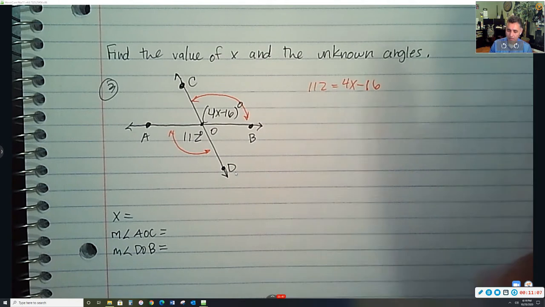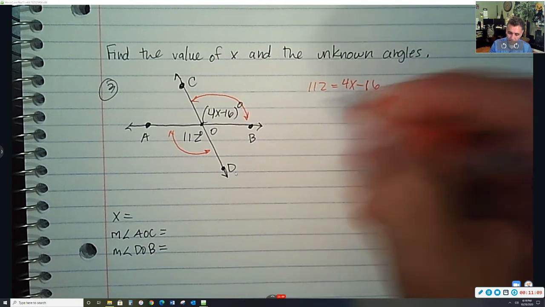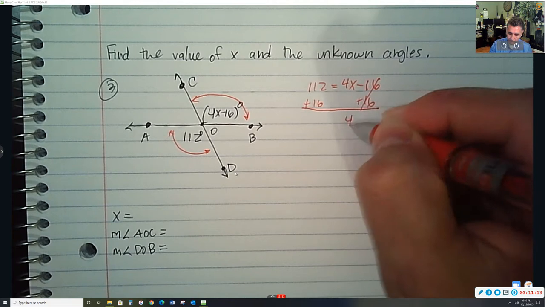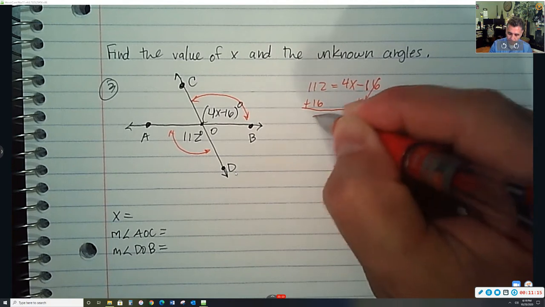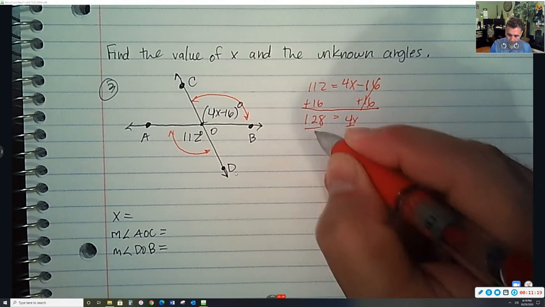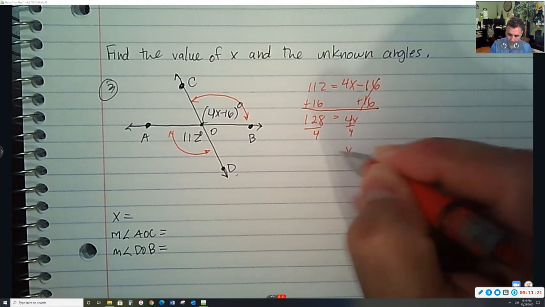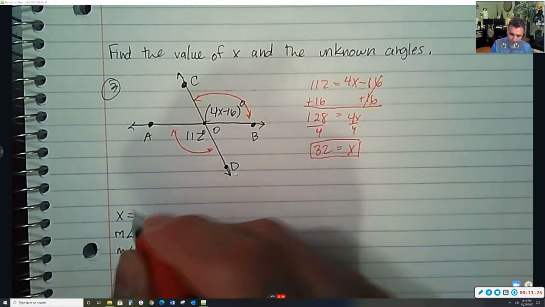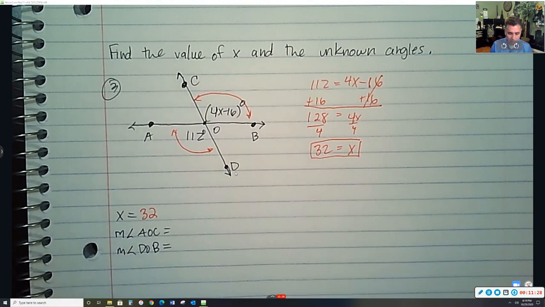Add 16 to both sides. That goes away. 4x equals 128. Divide both sides by 4, and you get x equals 32. And that's what x equals, right? 32.